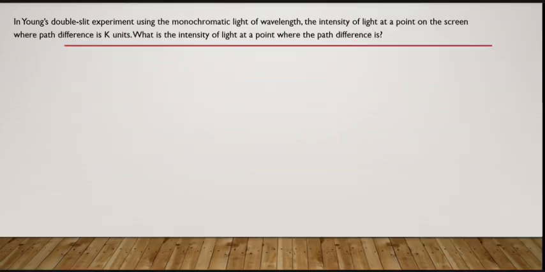So here, students, in this question it is saying that in Young's double slit experiment, using the monochromatic light of a given wavelength, the intensity of the light is given. Now students, let us consider the amplitude of the first wave is A1 and the amplitude of the second wave is A2. Remember one thing, intensity is always equal to the square of amplitude.